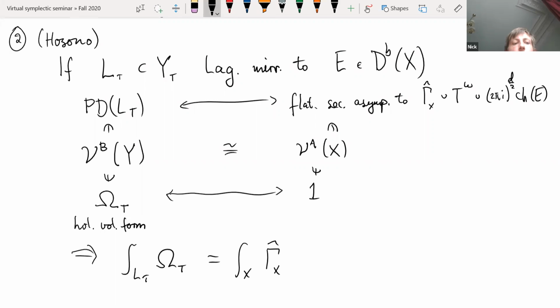Which means that we can pair this L_t with this omega_t, and we should get the same thing as if we pair this flat section up here with 1.